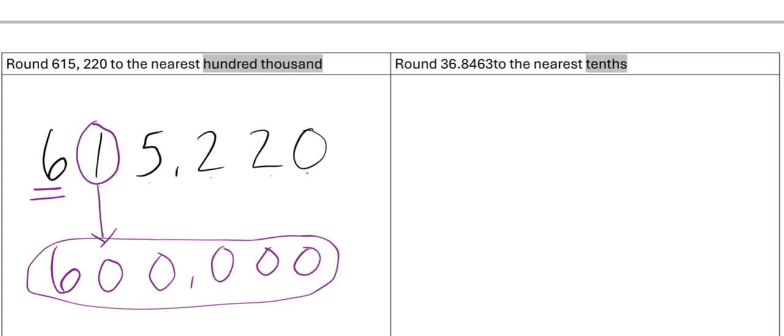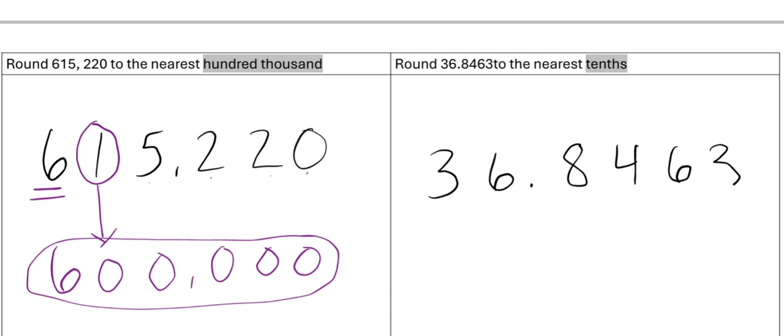Okay, last example over here. I have, let me see, 3, 6. Okay, I am rounding by my tenths. My tenths is right here. This is the number that I underline. This is the number that I circle.